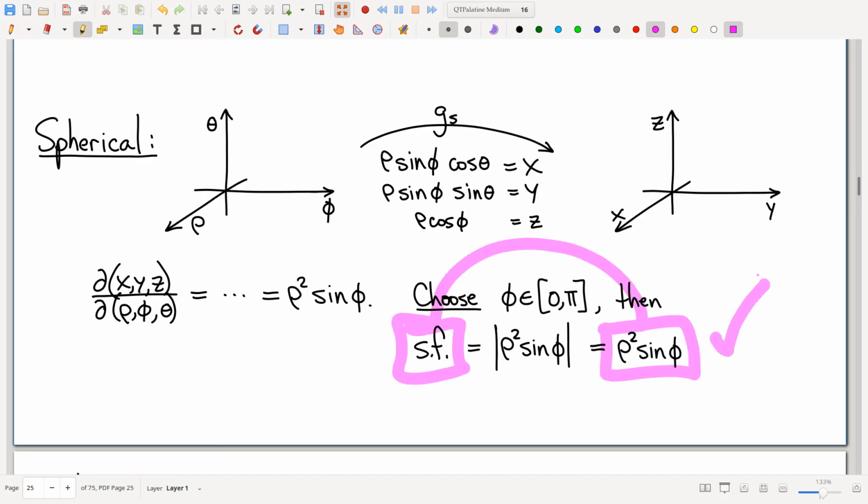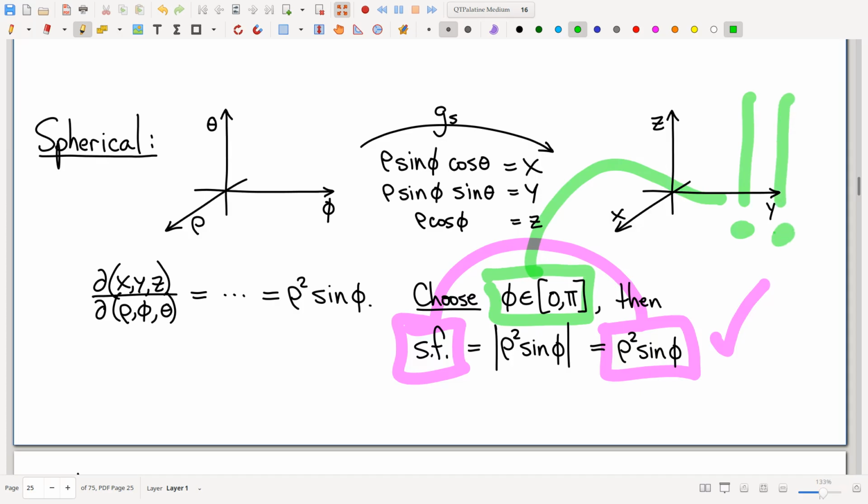Okay. Oh, and again, while we're here, let's also make sure to remember, very importantly, always choose exactly the values of phi that you would prefer to use anyway. It's a small price to pay.